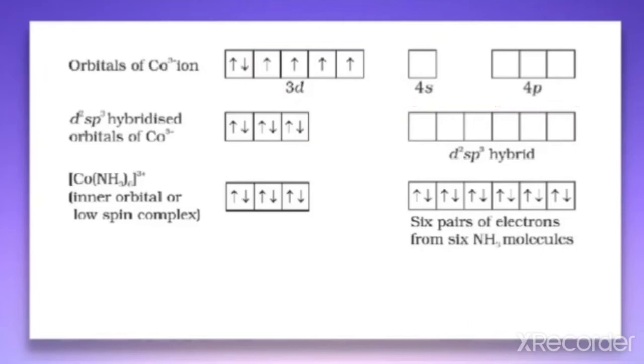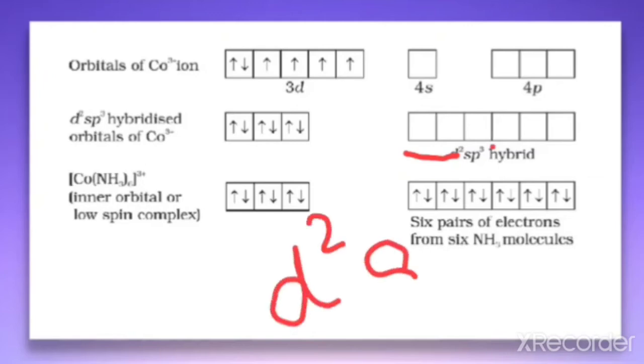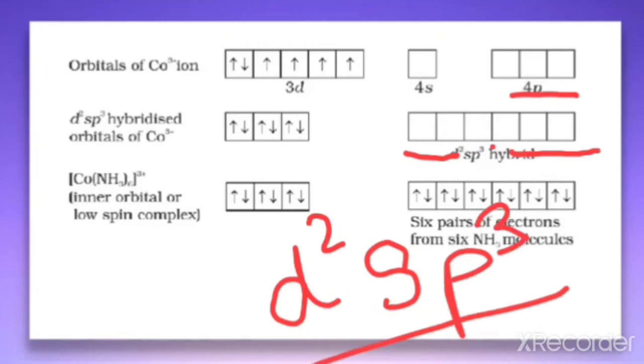Whichever orbitals are involved here, the 2 d orbitals, that is (n-1) d orbitals, 1 s orbital, and 3 p orbitals, get hybridized. So what is the type of hybridization? That is d2sp3 hybridization.